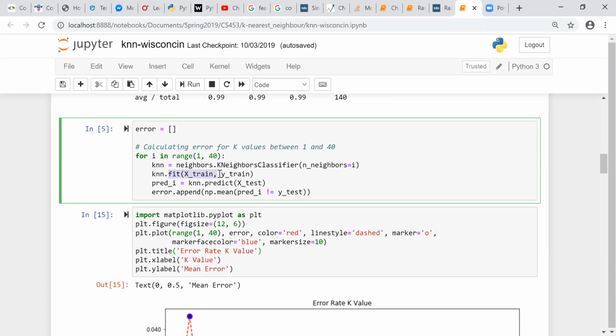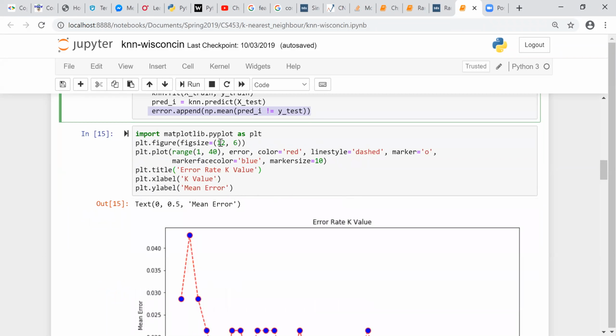And then you can do fit, you can do predict, and then you can find the error. The next part shows a plot of the error against the number of neighbors.